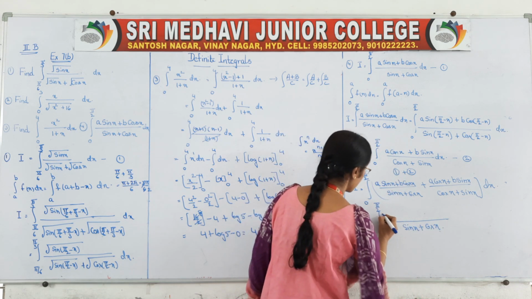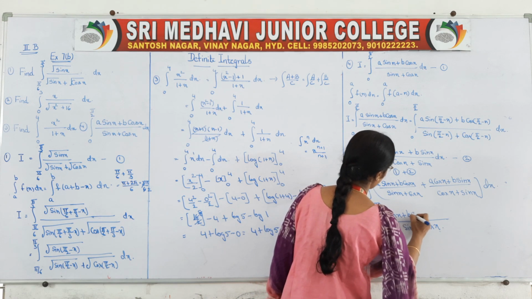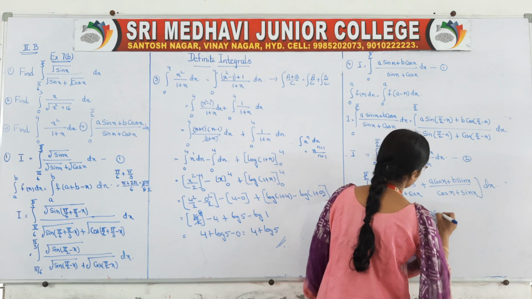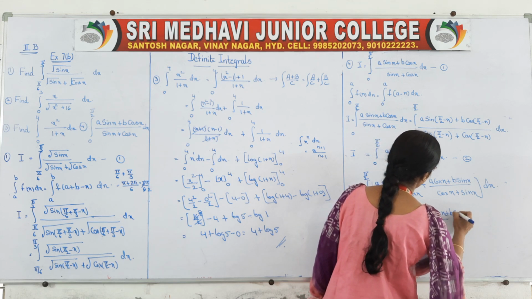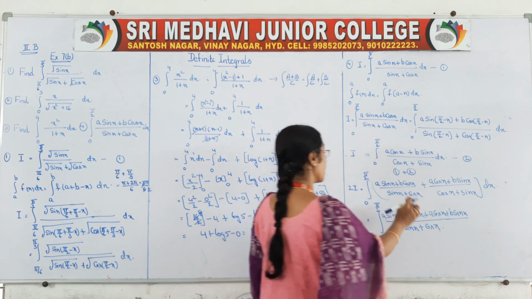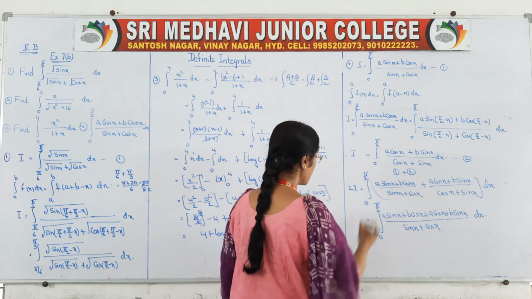Upwards, observe carefully: a sin x plus b cos x plus a cos x plus b sin x. So the sin x term is repeated 2 times, the cos x term is also repeated 2 times. So we can take common now.